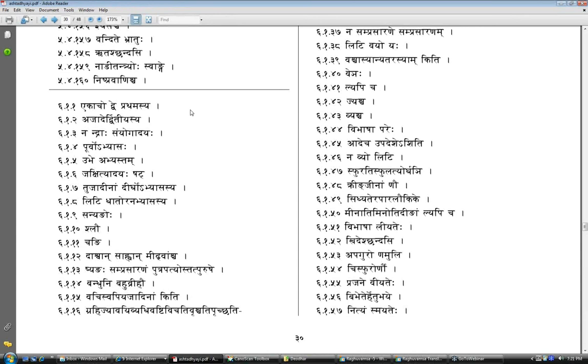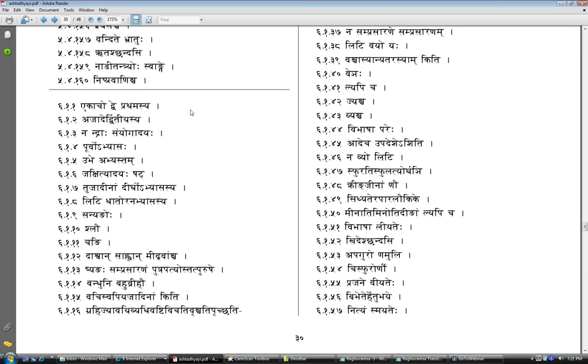So the duplication is only done for the first section which has no more than one ach. You start from the beginning of the term and keep going until you hit the second ach or the end of the term. That is called the prathama ekacha bhaga.